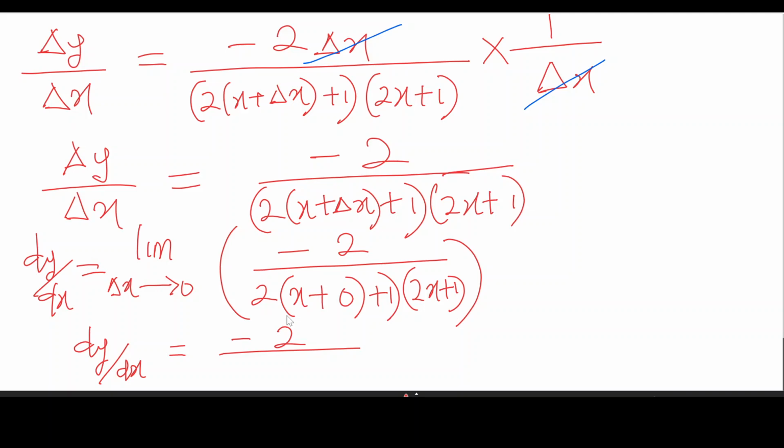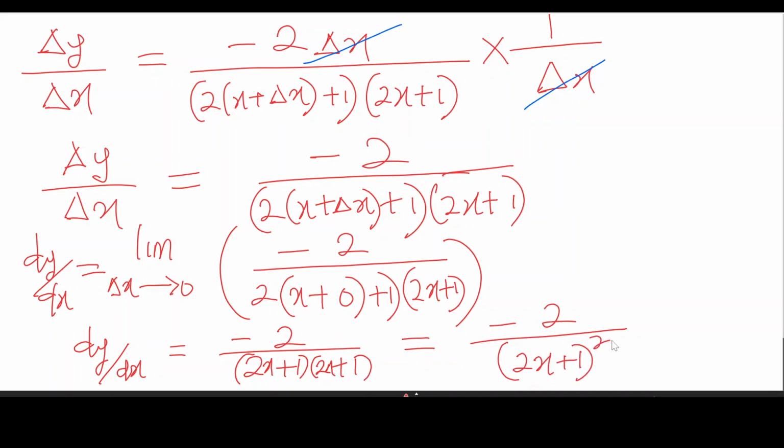That's 2 multiplied by x becomes 2x. Then plus 1 outside here. Then multiply by another 2x plus 1. So the final answer is minus 2 over 2x plus 1 squared. So this is how you go about it.